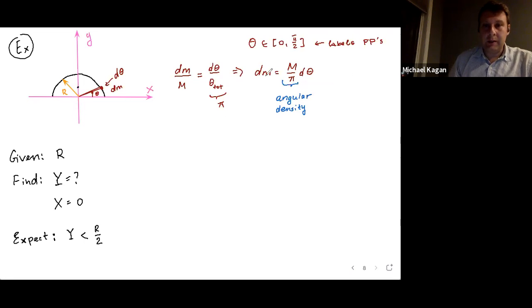So we got dm of each piece. Okay, what else do we need? We need the y coordinate of each piece. So this is the mass of each point particle.